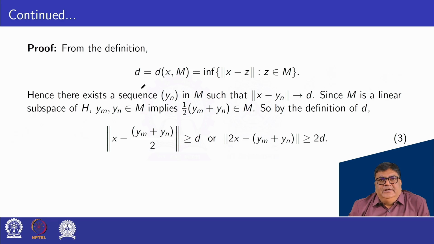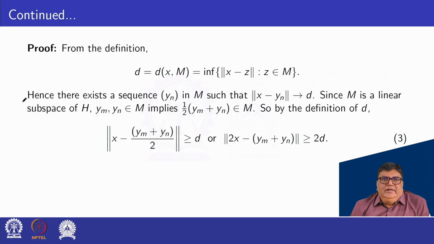From the definition, D means the distance between x and subset M, equal to the infimum of norm x−z such that z belongs to M. Hence there exists a sequence yn in M such that norm x−yn tends to D.